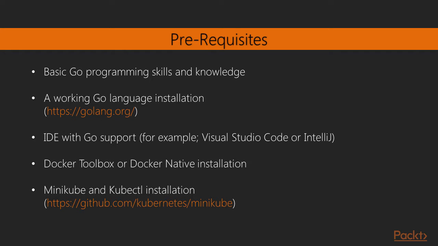Also, you should be using an IDE with Go support, such as Visual Studio Code or IntelliJ. You will also have to use the Docker Toolbox or Docker Native, so make sure you have that installed on your local computer. And finally, you should have Minikube and Kube Control installed for the last section. So, you know which tools we're going to use.